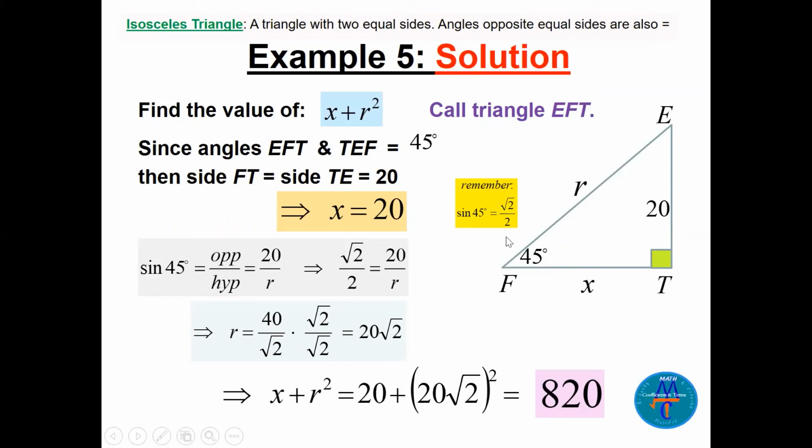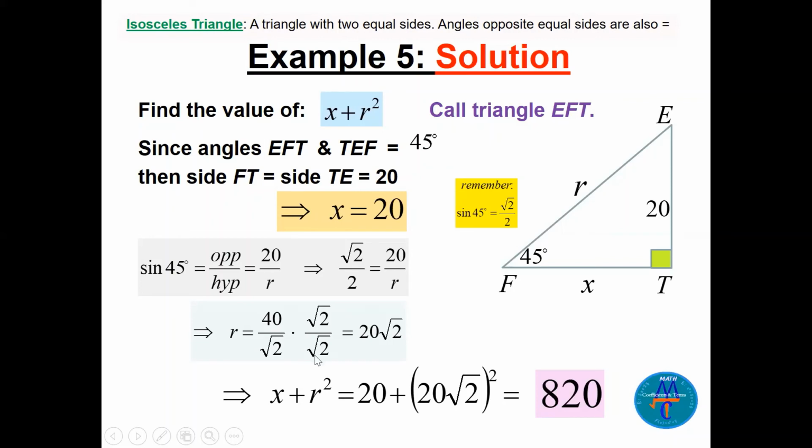Now sine 45, the opposite, which is 20, divided by r. See, this is the r here. And we know sine 45 from the table, square root of 2 over 2. So when you cross multiply here, what do you get? 40, r will be 40 over square root of 2.